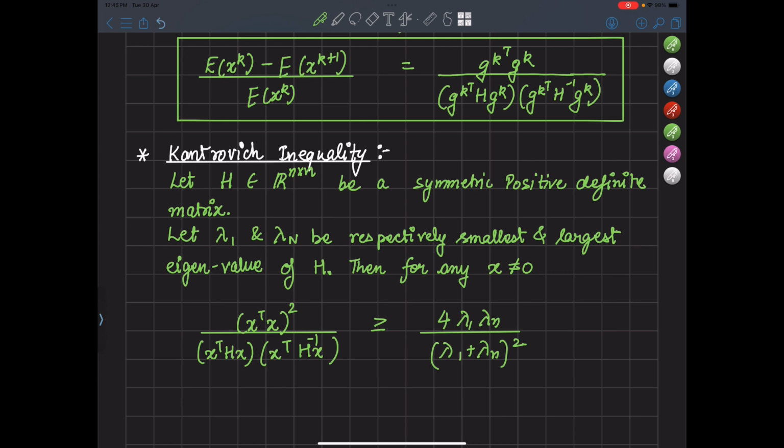So this is the Kantorovich inequality: if we have a symmetric positive definite matrix H and lambda 1 and lambda n are its smallest and largest eigenvalue, then this inequality holds.